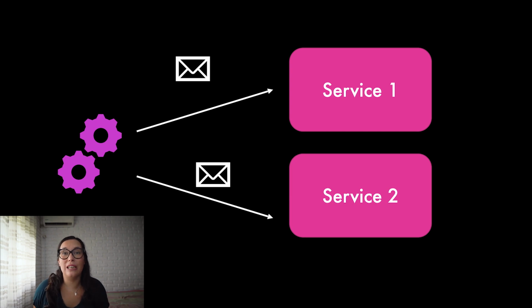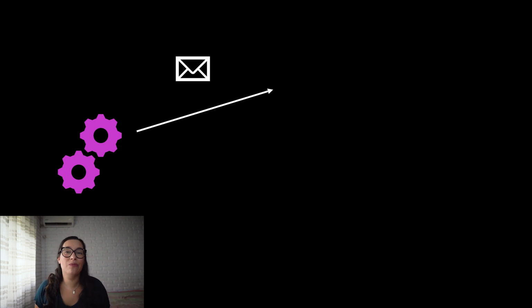Sometimes we can have parallelization. One message can trigger multiple services, and that's good. One, two, or many. And this is when it's getting trickier, because then it's hard for your brain to keep track of everything. Or one message might not trigger anybody. And this is great for extensibility. You just shout all your messages, and eventually when you want to make your app bigger, then you can do something with it.